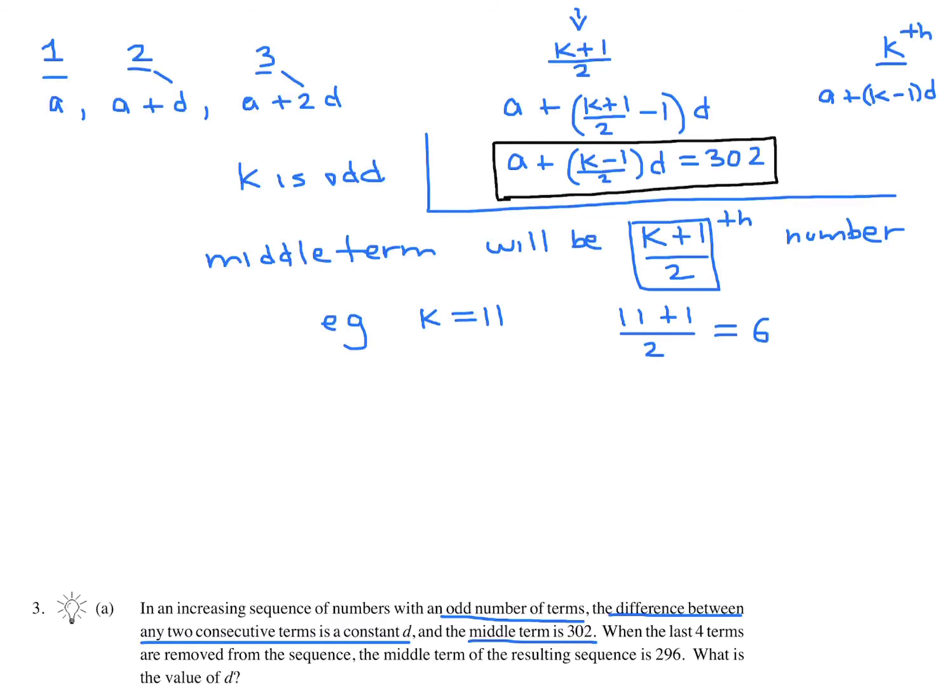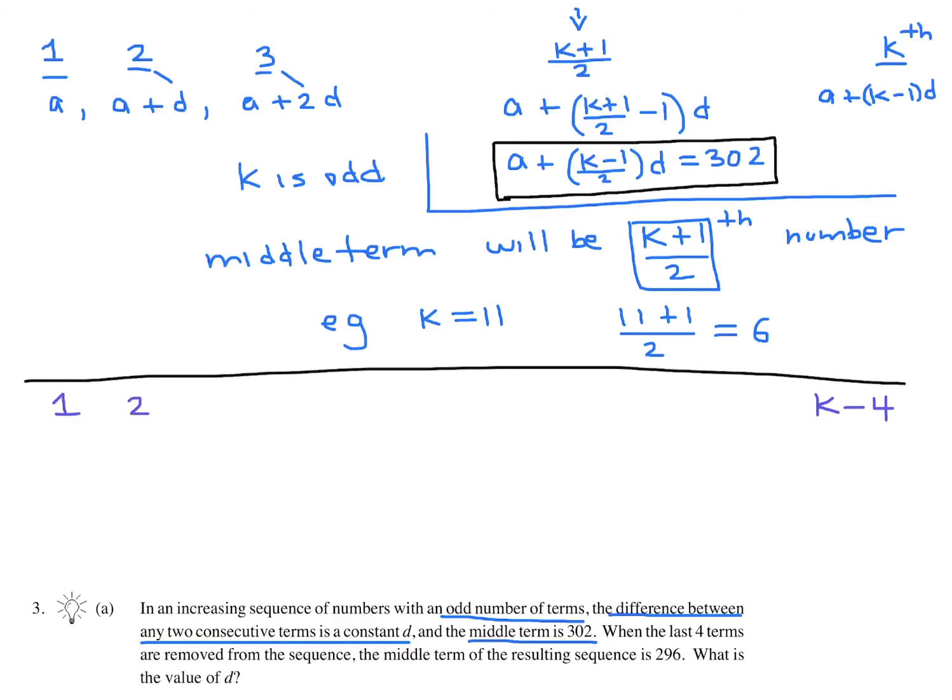All right? There you go. Now we move forward to the second equation, or the second scenario, which is very similar. When the last 4 terms are removed from the sequence, the middle term of the resulting sequence is 296. So now they have a scenario where they've removed the last 4 terms. So now you have k minus 4 terms. And similarly, we have the same kind of terms, the first one, second one, third one, but the middle term is not going to be this one anymore.